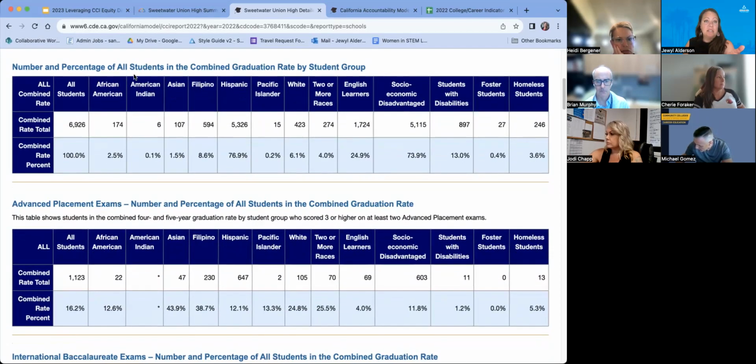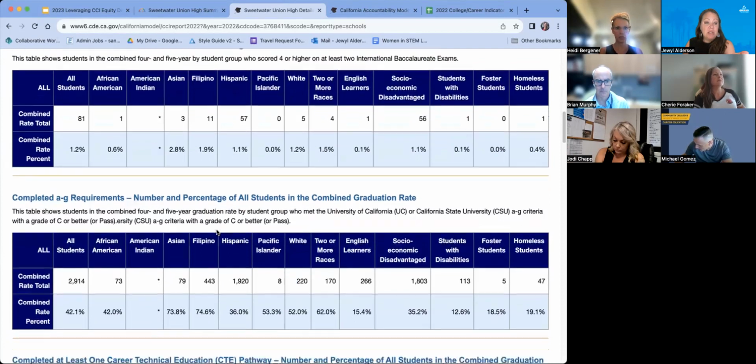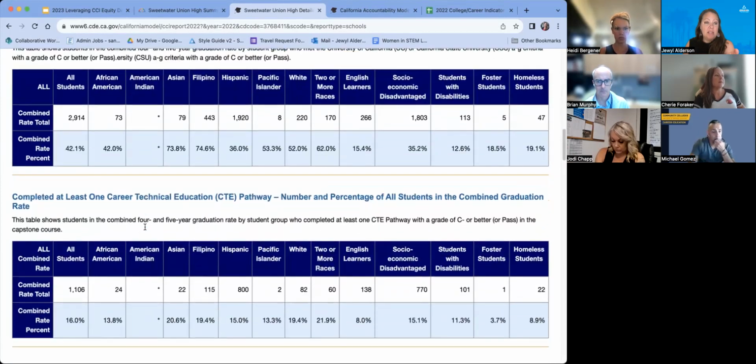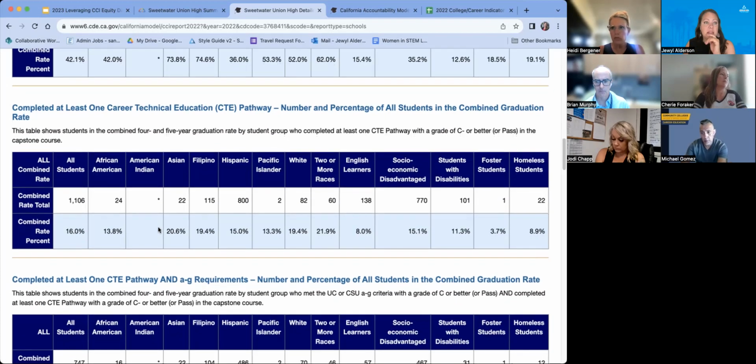So this is where you can see your combined graduation rate, your AP, your IB, your A through G, right? And as we go through, it's not about if they're prepared or not prepared, because that data isn't being reported this year. There's not enough data. The testing for the graduates didn't happen at the right timing.